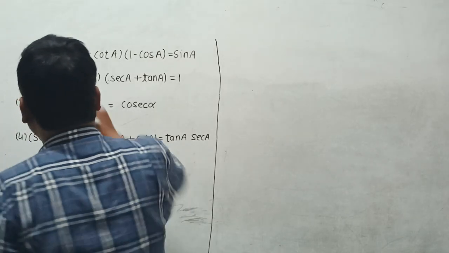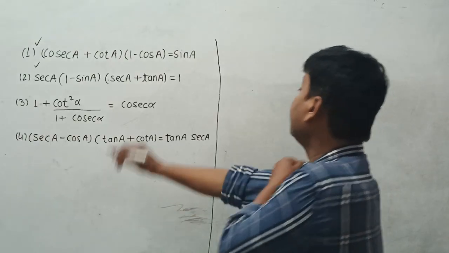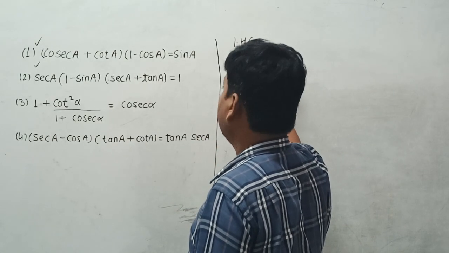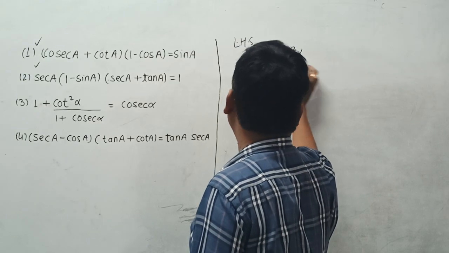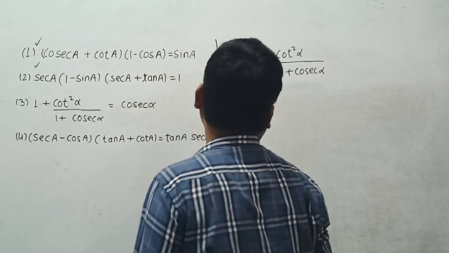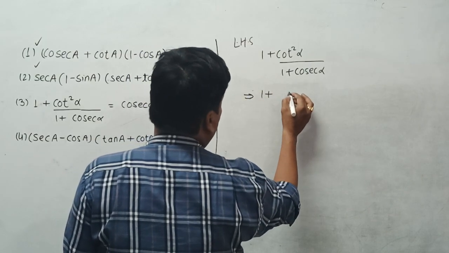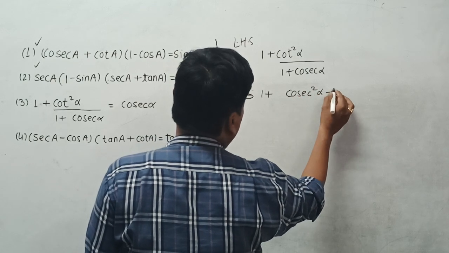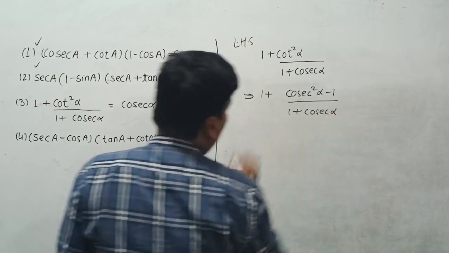Now students, this question is completed. Now we talk about third question. First of all, we will take LHS 1 plus cot square alpha upon 1 plus cosec alpha. So we can write here cosec square alpha minus 1 in place of cot square alpha, upon 1 plus cosec alpha.